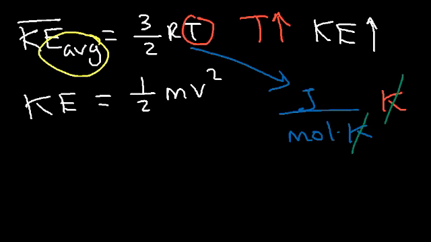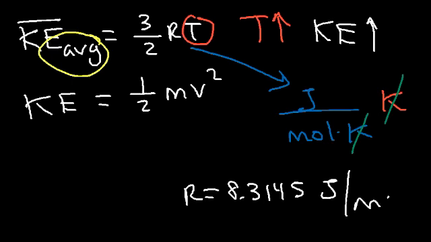By the way, for this equation, R is not 0.08206. It's 8.3145 joules per mole per Kelvin. So you can use the 0.08206 number for the equations PV equals nRT, and you can also use it for any equation that's derived from the ideal gas law equation PV equals nRT.